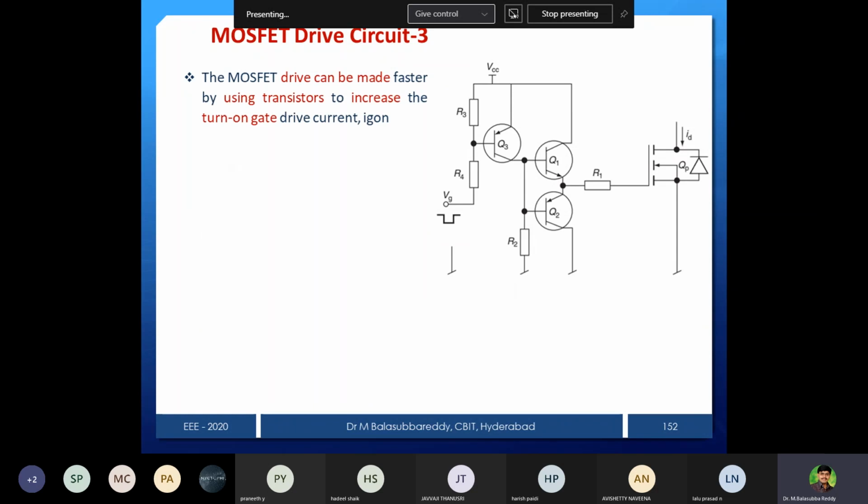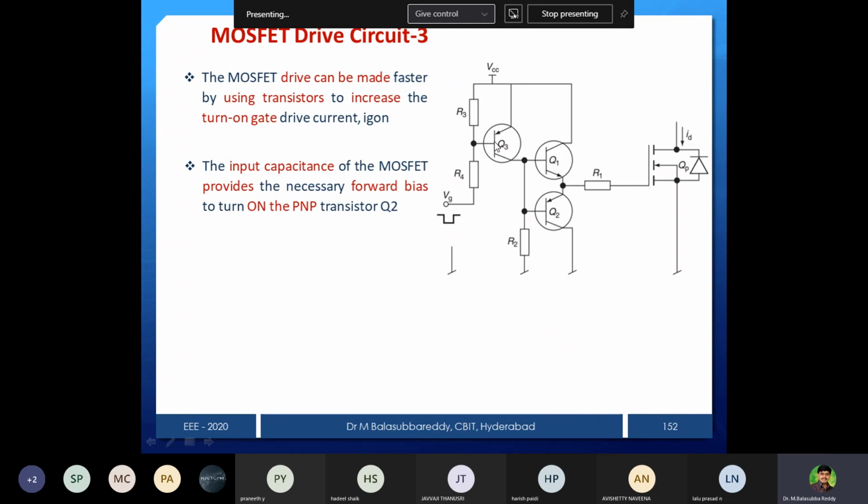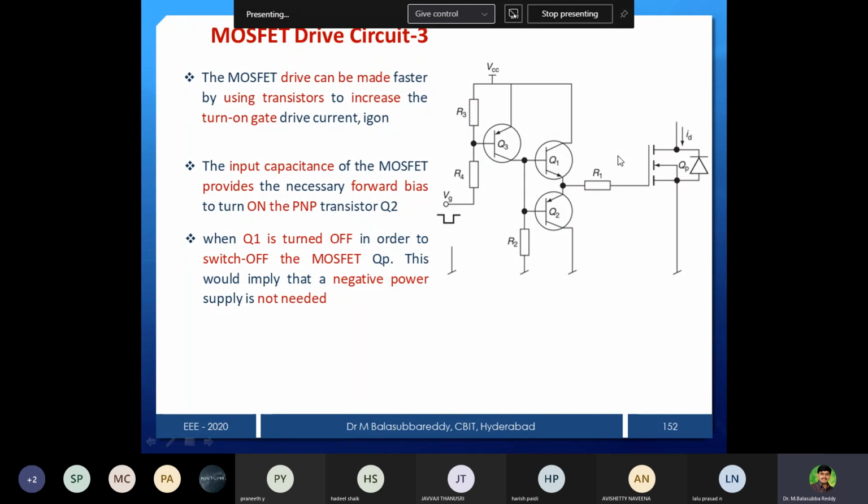For the third one, we can see this arrangement is different: a device driver circuit using a transistor to increase the turn-on gate drive current. The input capacitance of the MOSFET provides the necessary forward bias to turn on the NPN transistor Q2. Once one is turned on, regenerative action takes place.